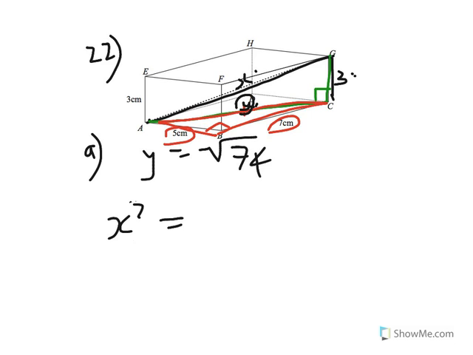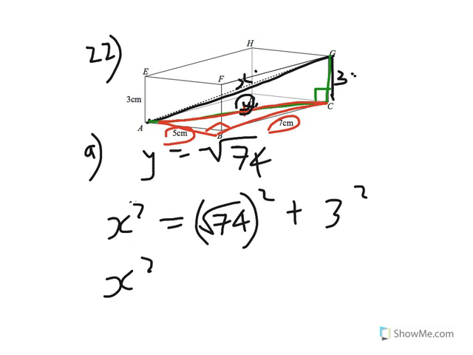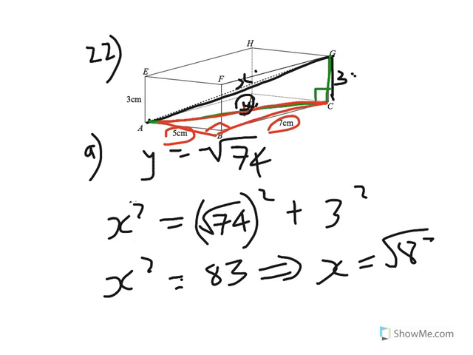X squared is equal to root 74 squared plus 3 squared. So X squared is equal to 83, meaning X is equal to root 83. And so X is equal to 9.11, and this is correct to 3 significant figures.